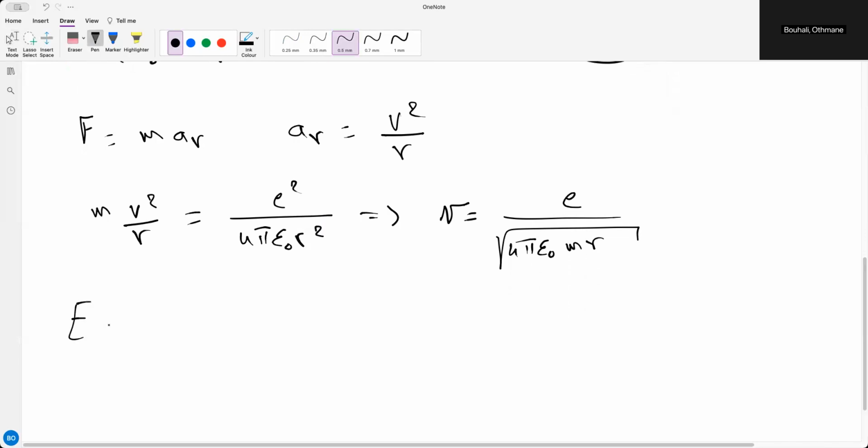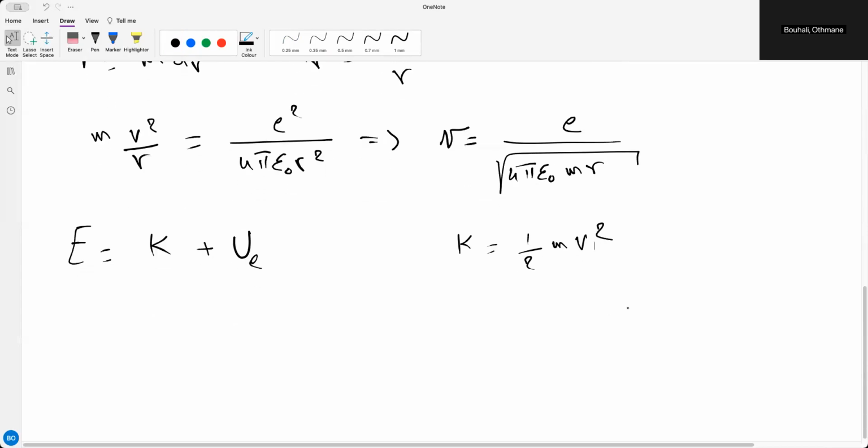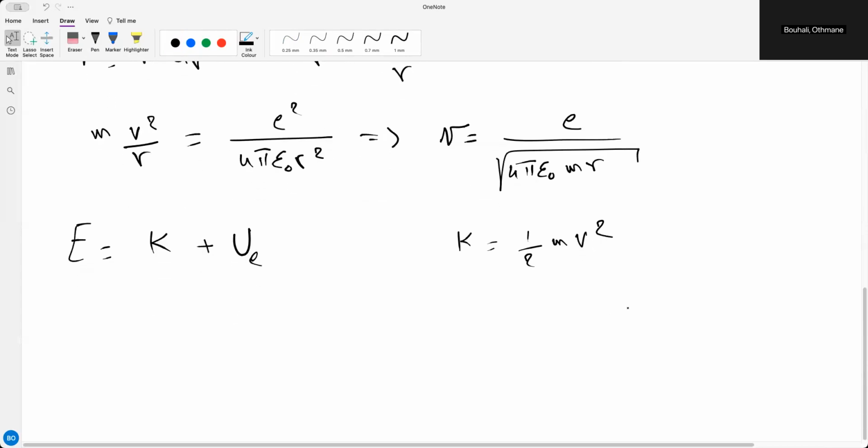Now, let's talk about the energy of the system. We know that the total energy of the system is equal to the kinetic energy plus the potential energy. Of course, here we have an electrical potential energy. So the kinetic energy is 1/2 m v squared. We'll see after calculation that the velocity of the electron in the atom is so small that we apply classical physics, which means the classical form of the kinetic energy.